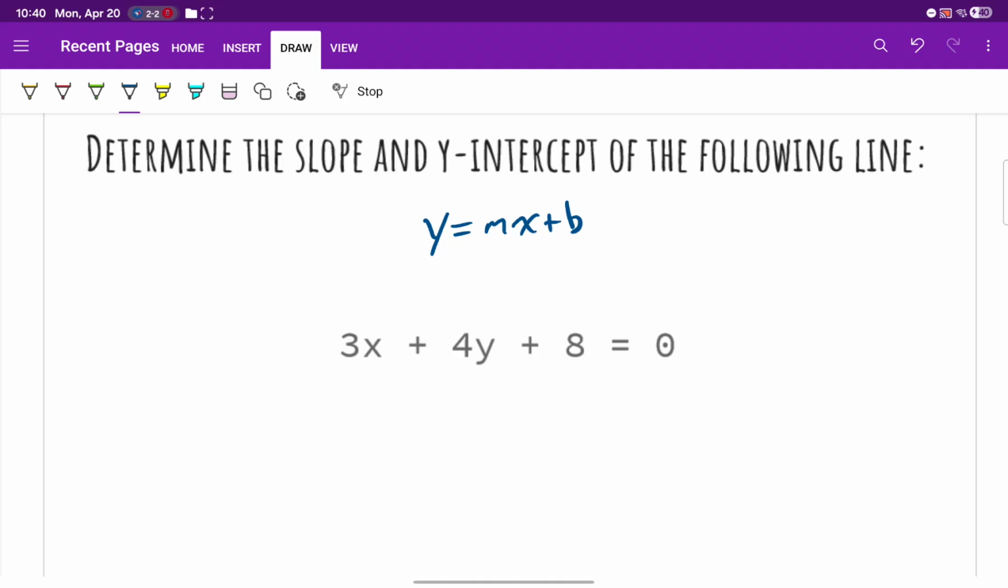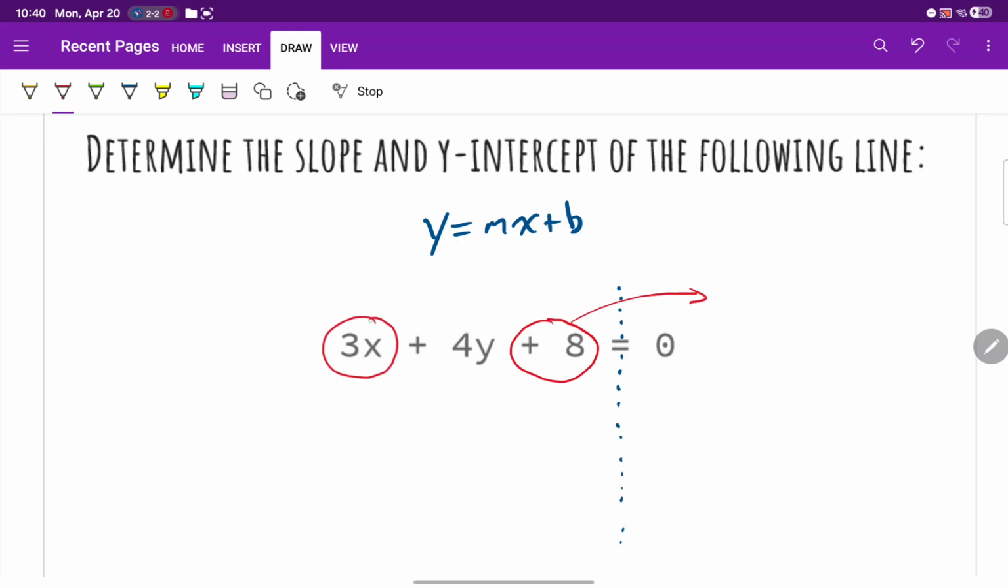All right, so copy that down. What we're going to do is get y by itself. That means everything that is not a y, I'm going to move to the other side of the equal sign. Like I did in algebra, I'm going to put that little dotted line across there to remind me that when I move a number to the other side, it's going to change its sign.